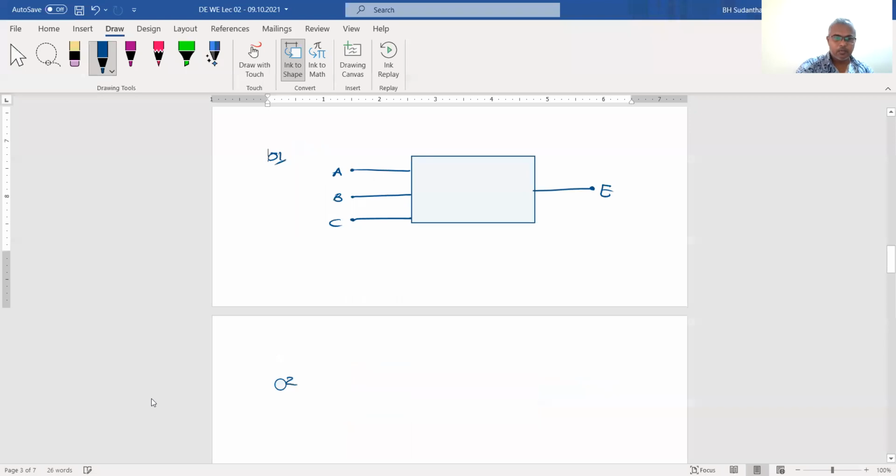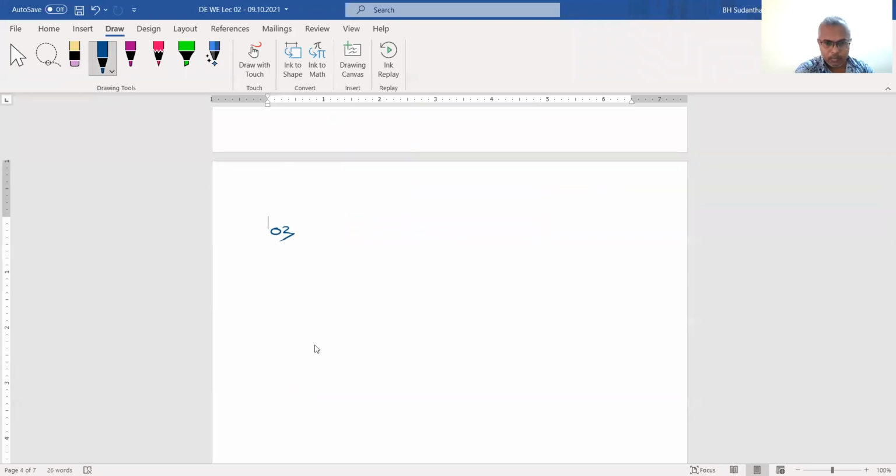Second step, we have to prepare a truth table. In this truth table, how many input columns?